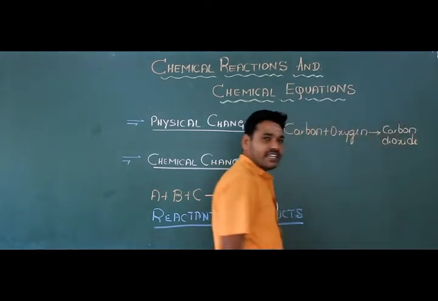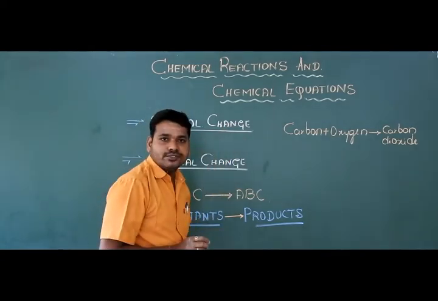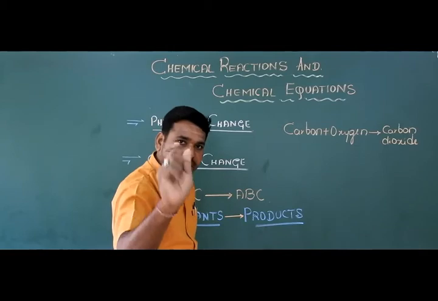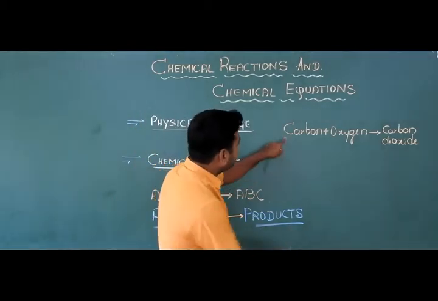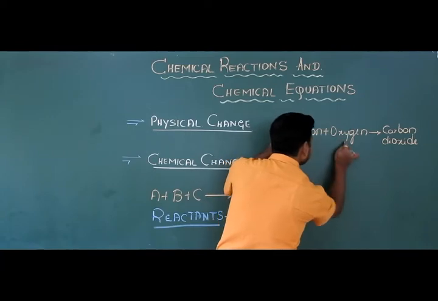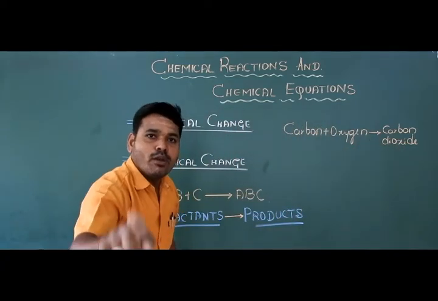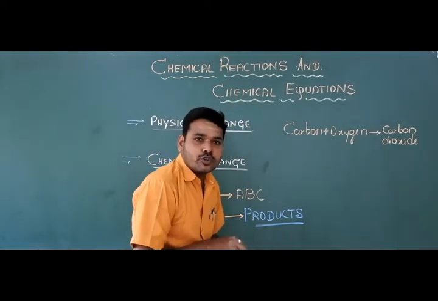So this is the chemical reaction. Now for the chemical equation, you just recall the definition. It is a short scientific method of representing the reactants and products with the help of their symbols or chemical formulae. That is said to be a chemical equation, students.